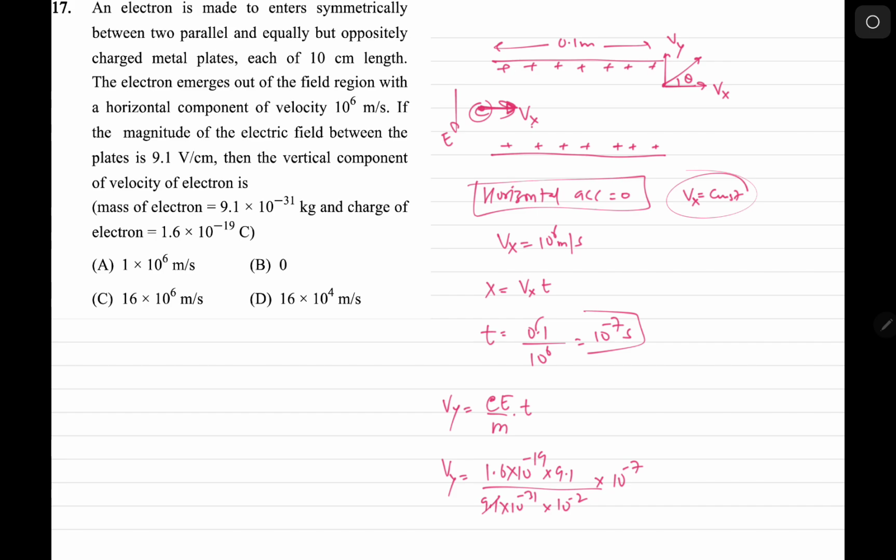Okay, so it is a straightforward calculation. 1.6 into 10 to the power minus 19 will make minus 7 plus 2 minus 5 and plus 31, which means 31 minus 5 is 26 minus 9, which makes it 7, 10 to the power 7. So we can write this as 16 into 10 to the power 6 meter per second. So option C is correct here.